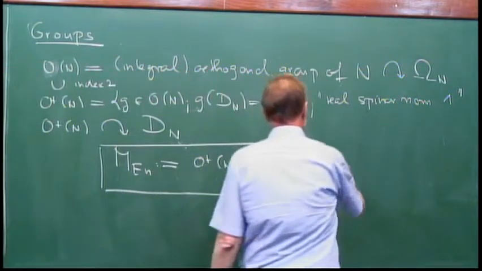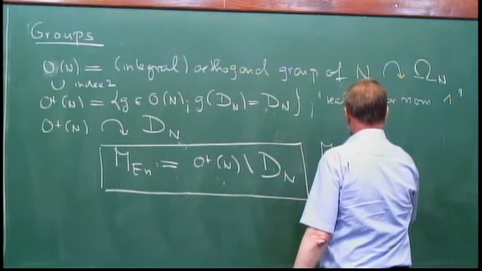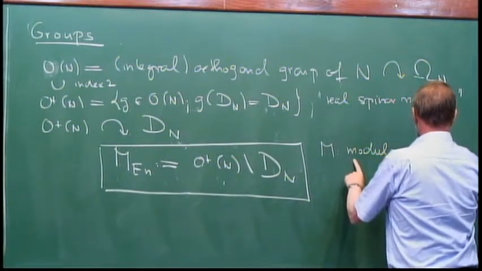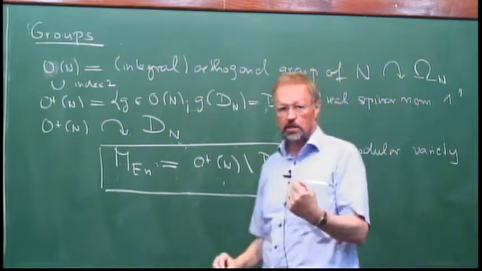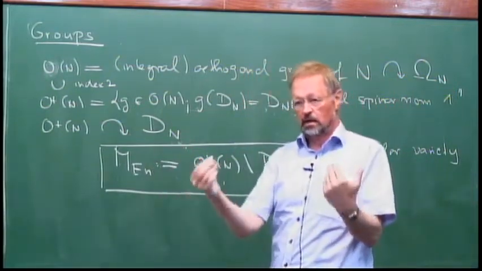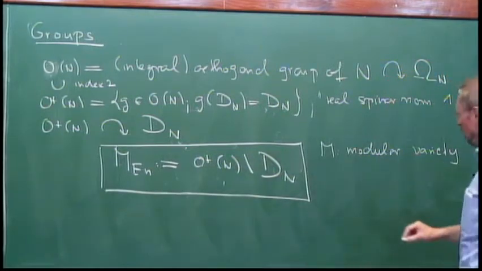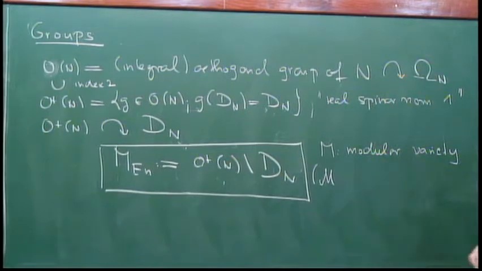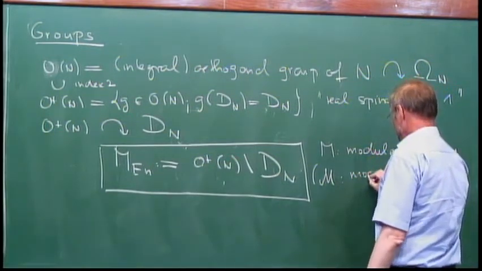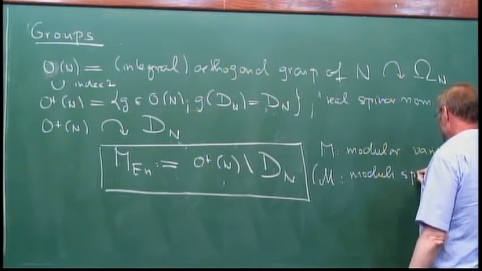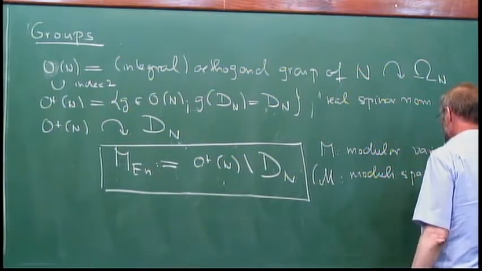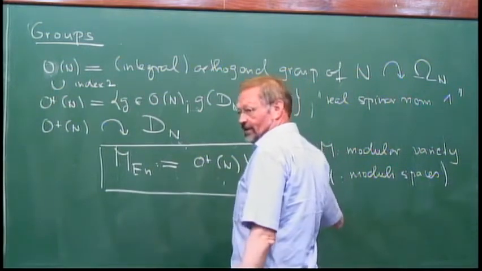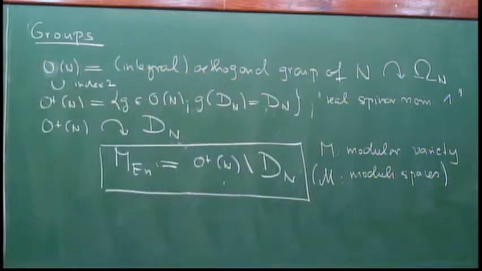Throughout, my notation will be: an ordinary M will be a modular variety, meaning a homogeneous domain by some arithmetic group. And later on, I will use the \mathcal{M}, which then will be moduli spaces. Because the things will be related, if I write once this and once that, it has a meaning. It's not just that it's sloppy handwriting.